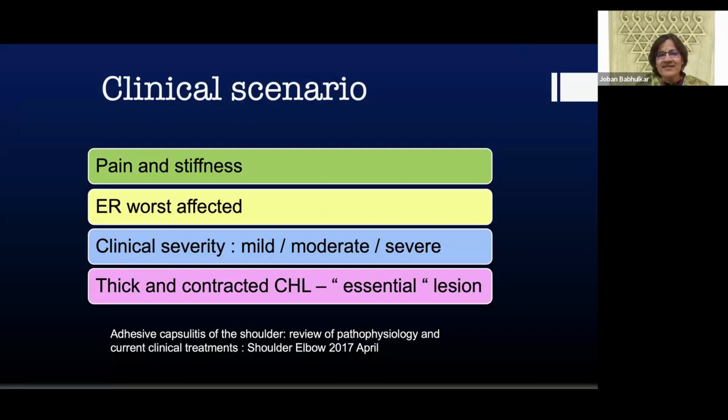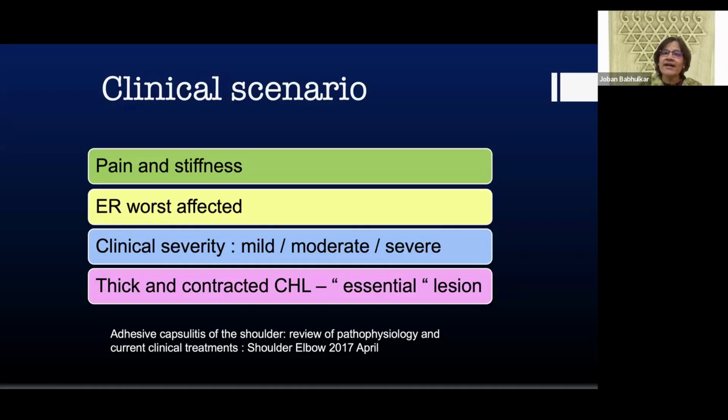So, as Raleigh has said, the basic problem of these patients is extreme stiffness, with external rotation being the most affected. And the clinical severity really depends on one's experience, and the surgeon will himself tell you that this is mild or moderate or severe adhesive capsulitis, depending upon how much stiffness that patient has.